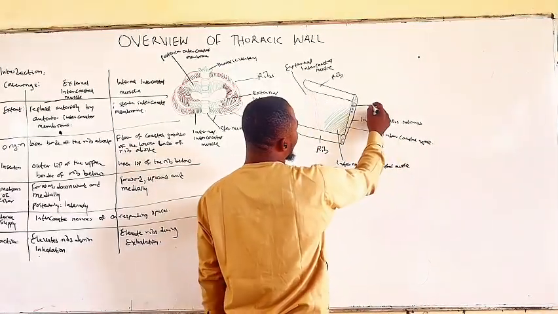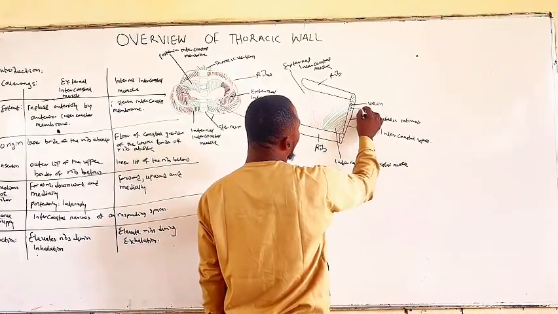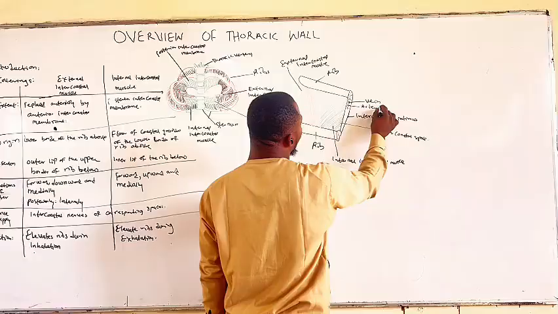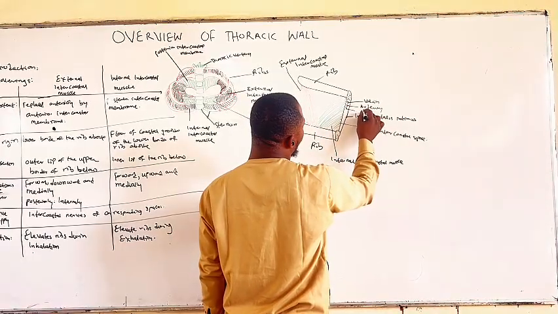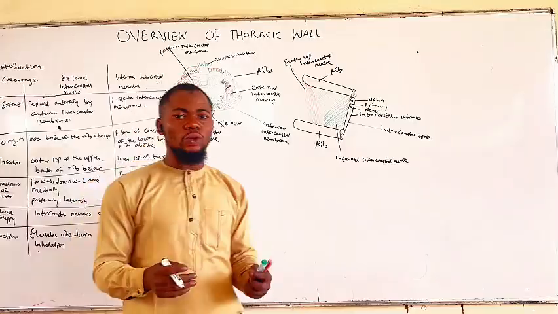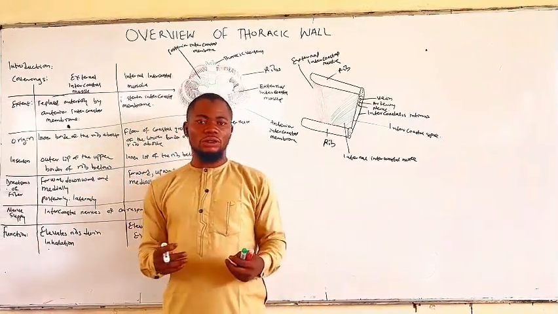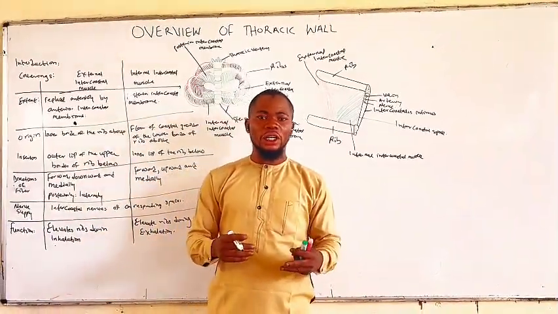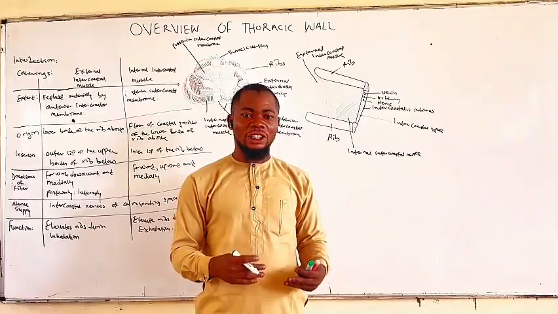This is our vein, the artery, and the nerve. And again, we should also know that the neurovascular structures are located between the intermediate layer and the deep layer.